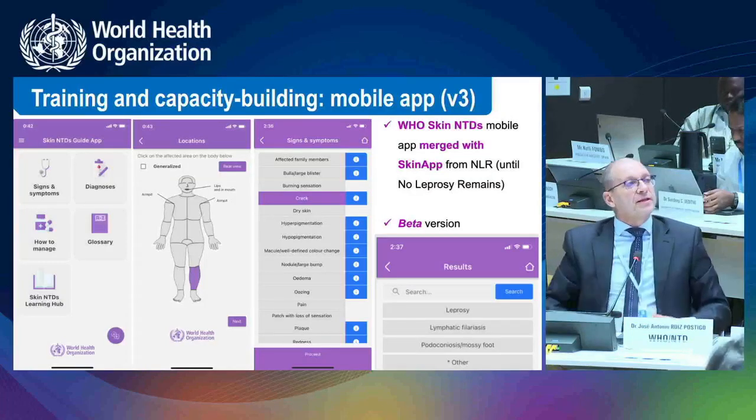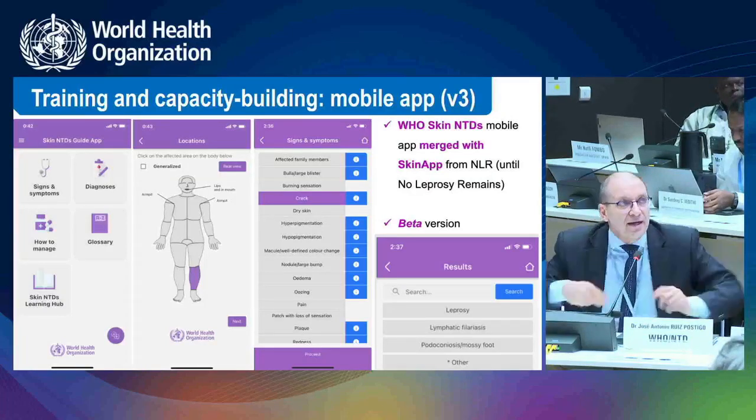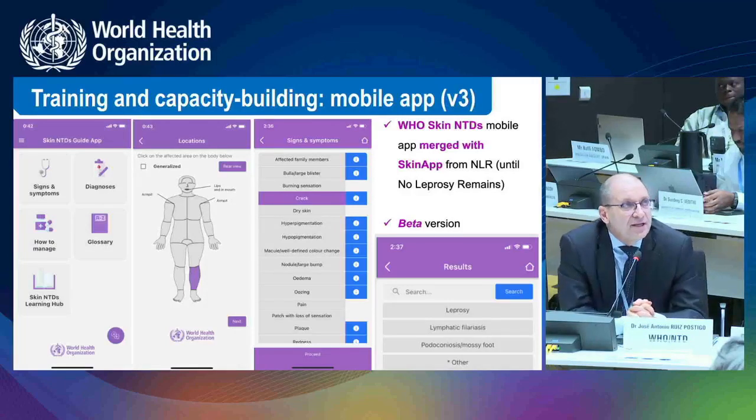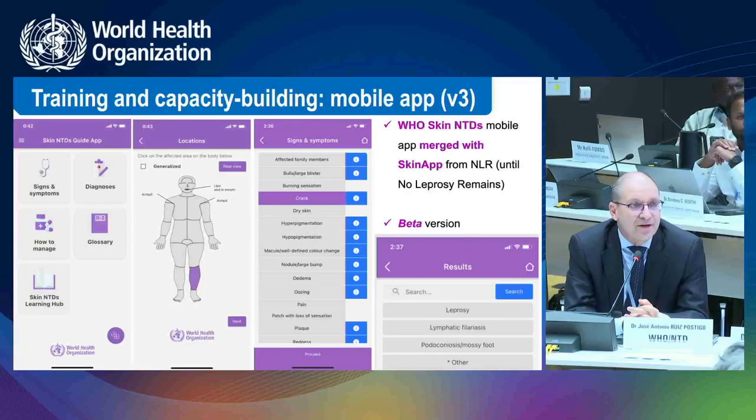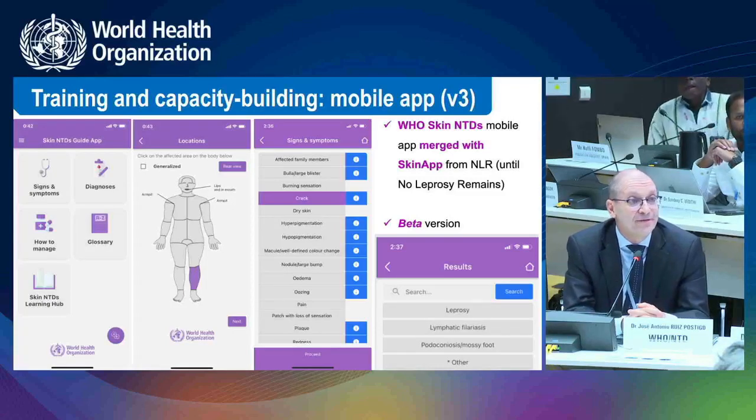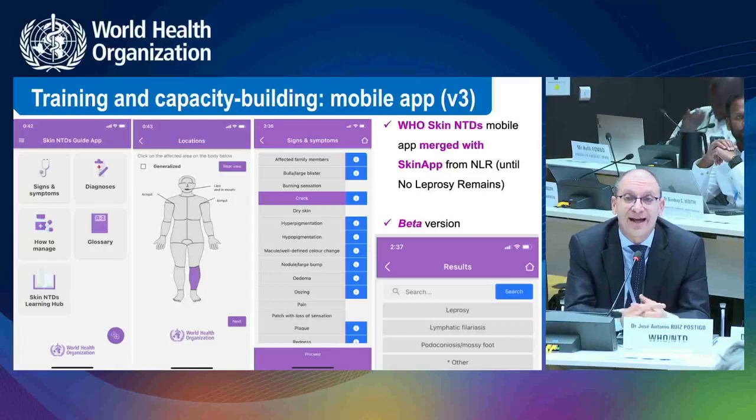So thanks to colleagues in the Netherlands, the NGO Until No Leprosy Remains, we discussed and we said, well, WHO has done an app on skin NTDs, but we know NTDs are basically less than 5 or 2%, so you have a big gap.